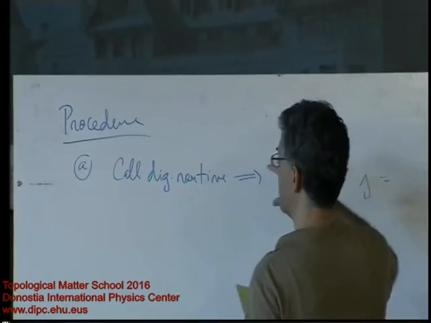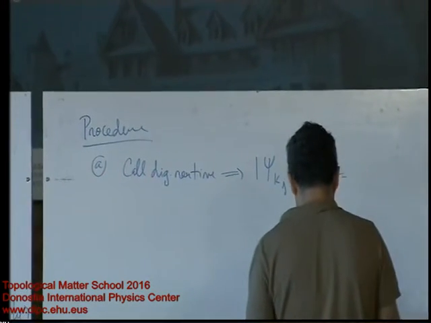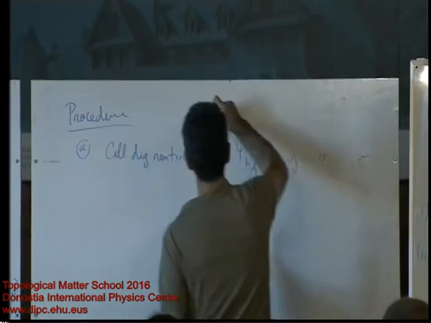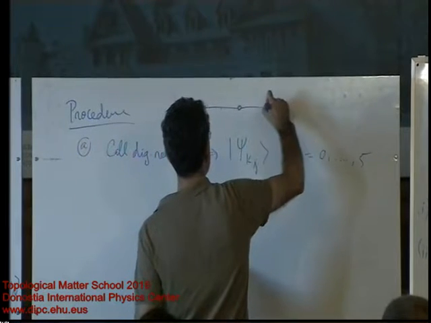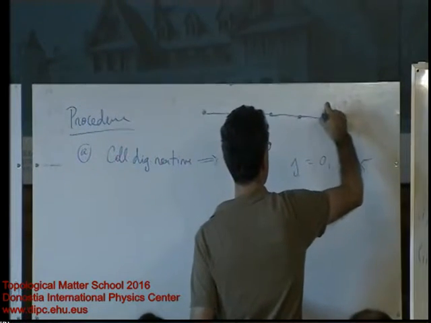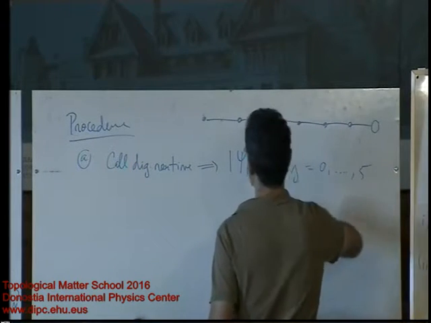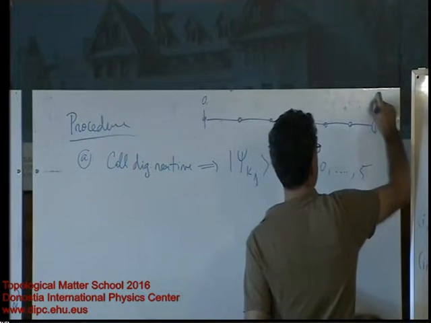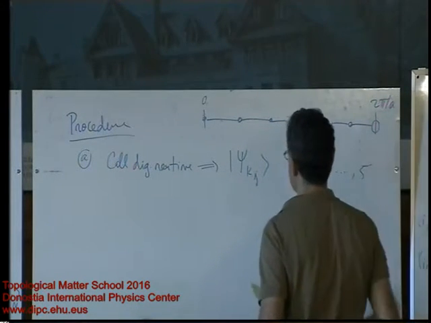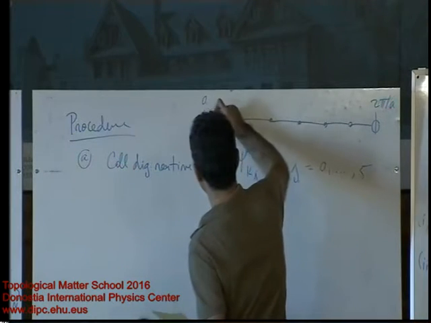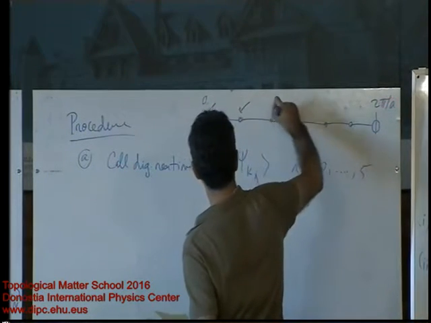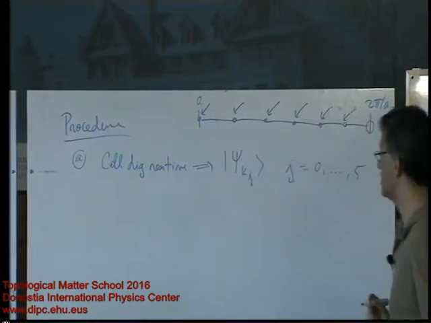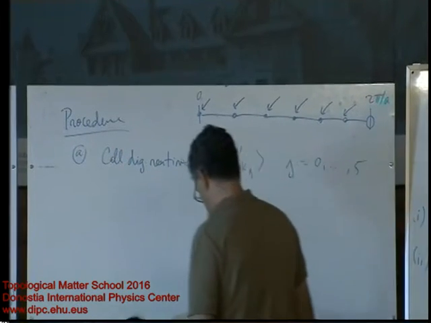Sorry that I erased it, my mesh had 6 points, so you do that from 0 to 5. Let me draw it again. So you do a diagonalization here, here, here, here, here, and here. So you call your diagonalization routine 6 times.